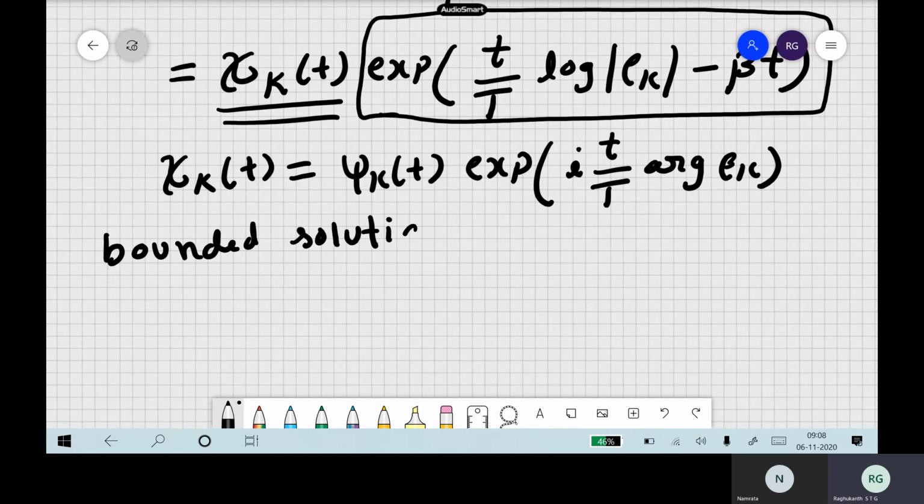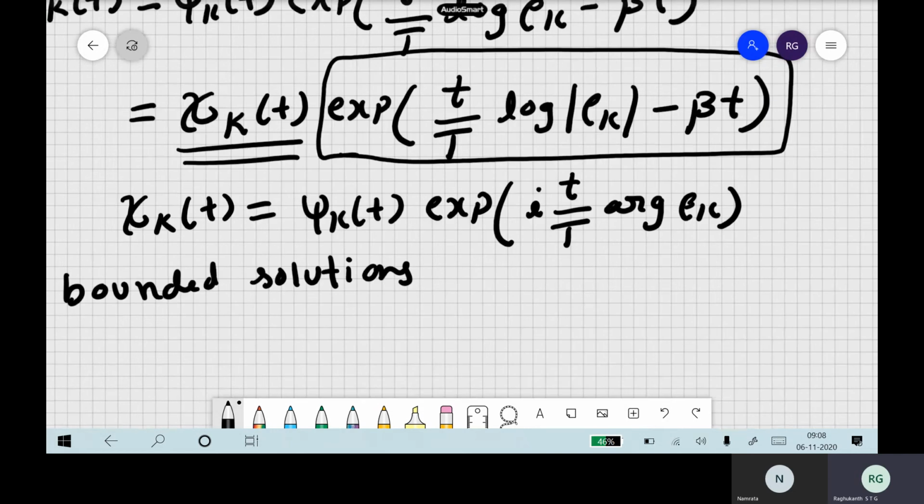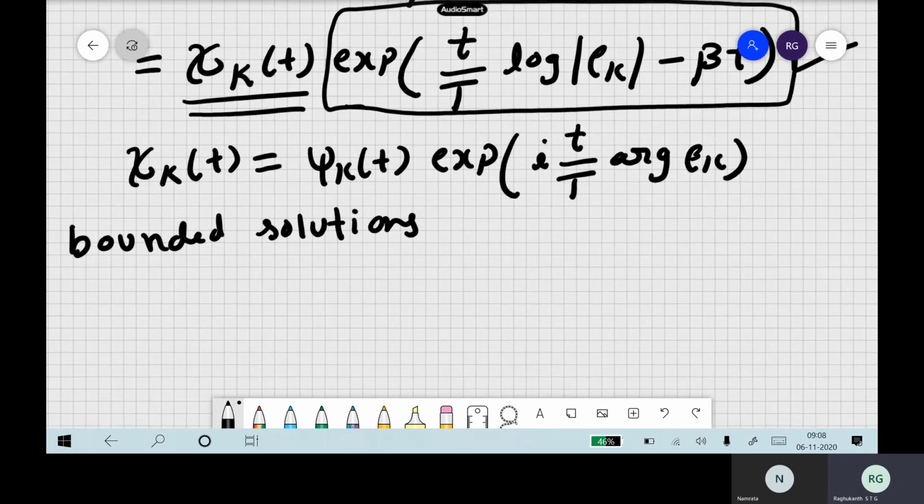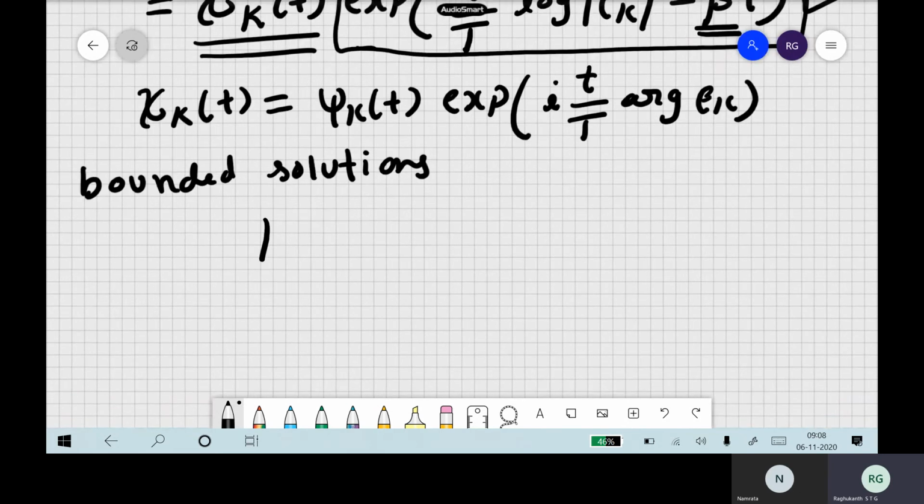This is the one which controls our stability. If this is positive, then e to the power of a positive thing means the solution becomes unbounded. So if β is greater than this one, then you will get bounded solutions.